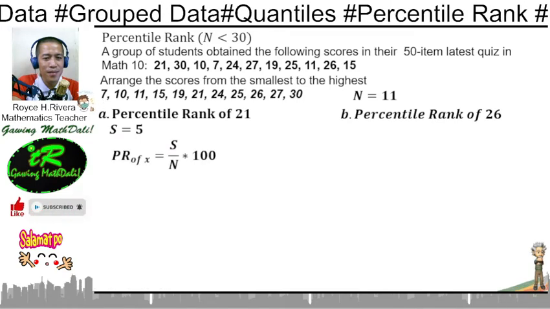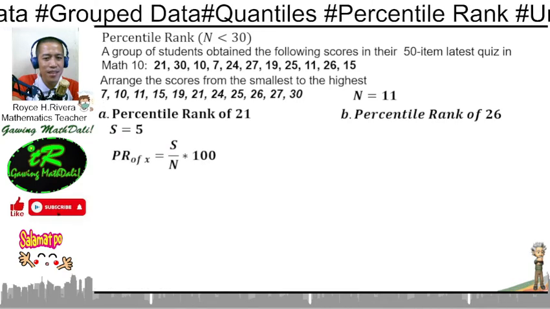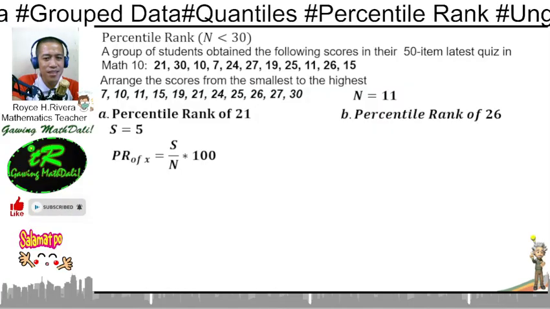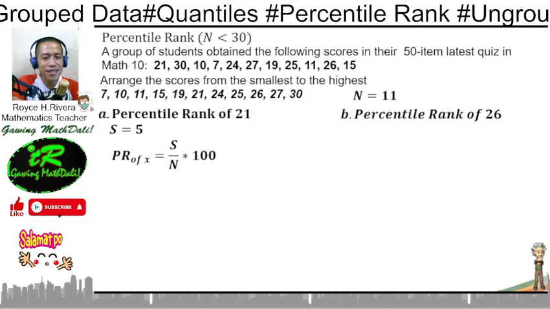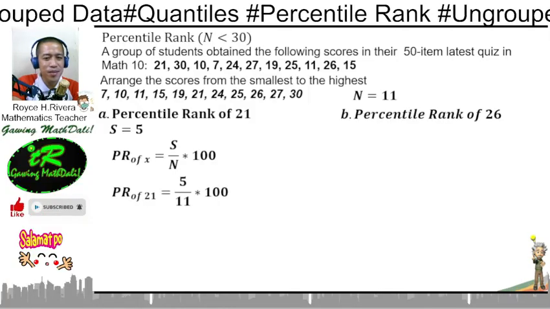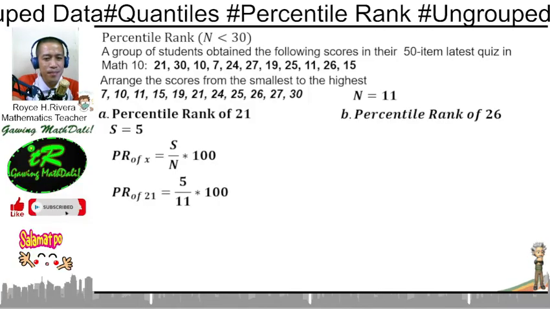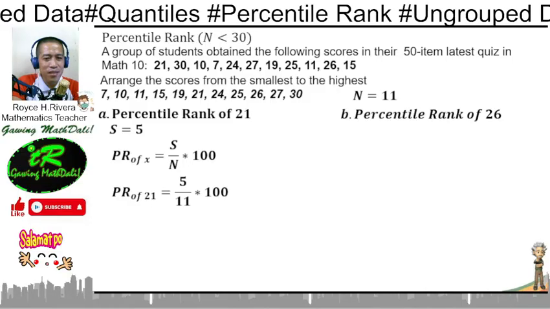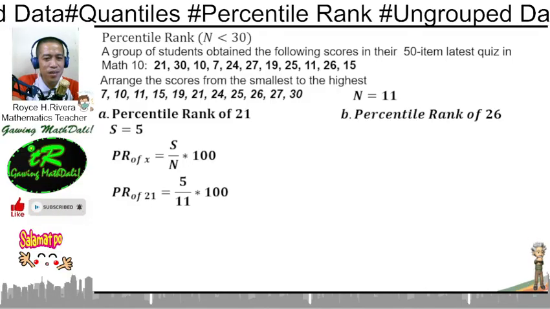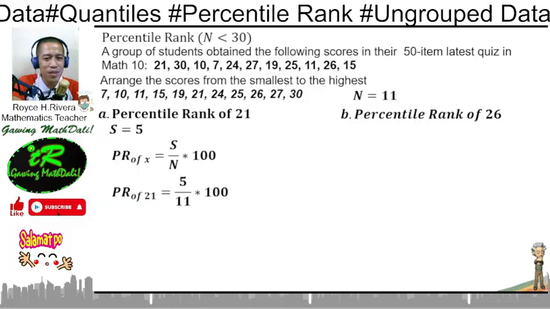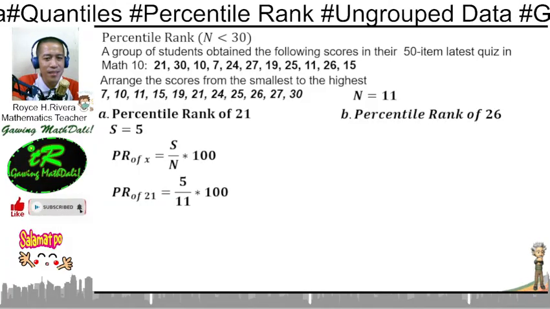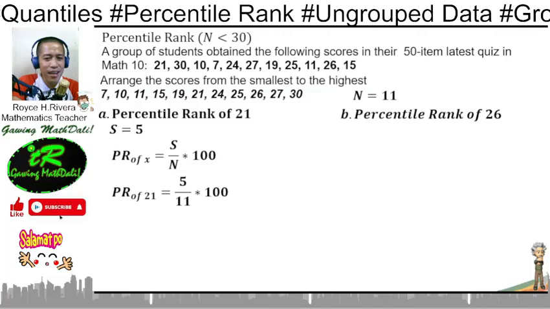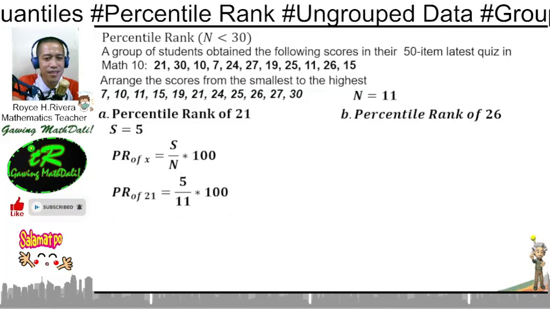We go back with the formula. PR of x equals S over n times 100. By substitution, PR of 21 or percentile rank of the score 21 is equal to S, which is 5, over N, which is 11, times 100.